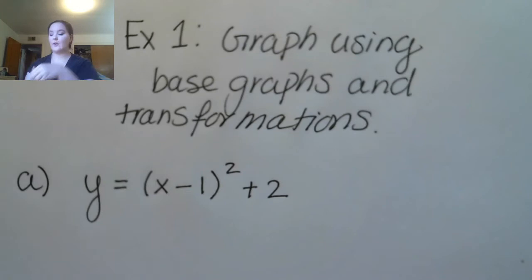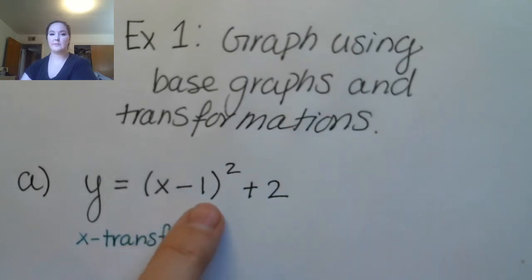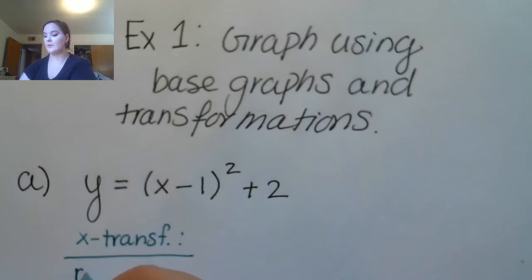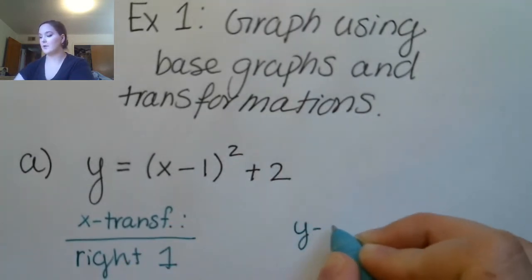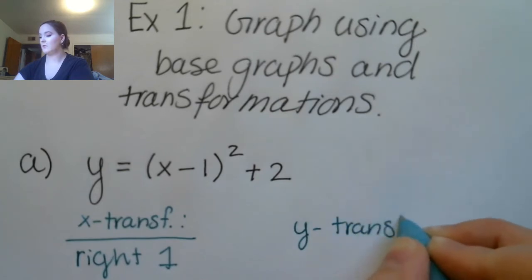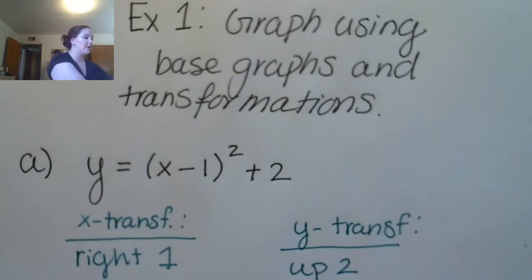So for us here, our x transformation is going to be this -1, which we know moves the graph to the right one. And then everything outside of the base function, like this +2, is going to be our y transformations. So this +2 is going to move the graph up 2. So let's look at our graph.